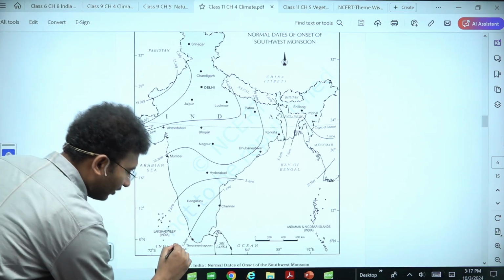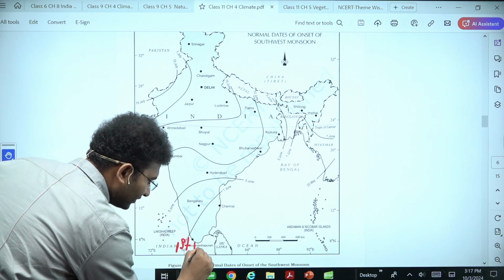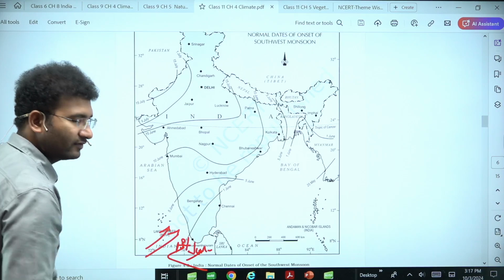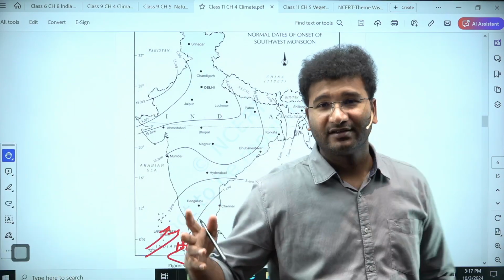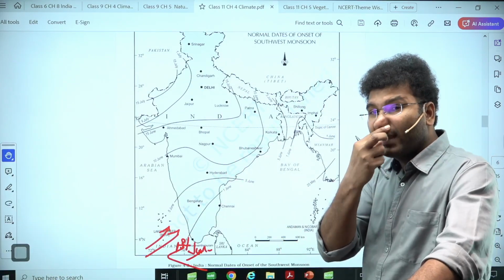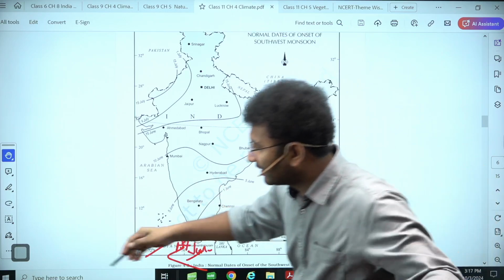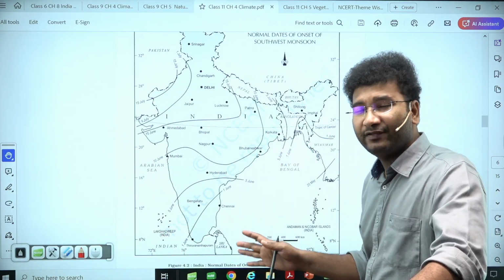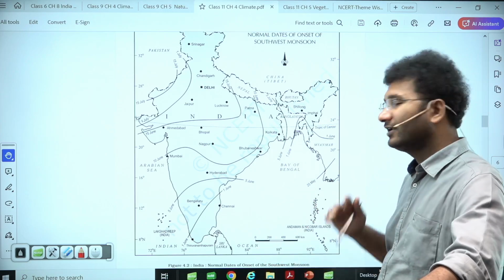Number 1, on 1st of June, this is where the southwest monsoon comes and hits the coastline of Kerala. But very surprisingly, sometimes an examiner can ask this question: did the mainland of India receive rainfall first or the Andaman Nicobar?